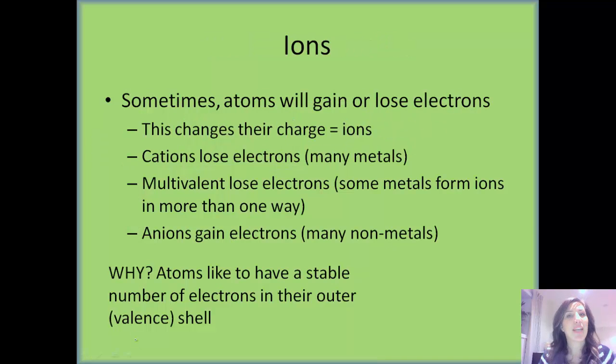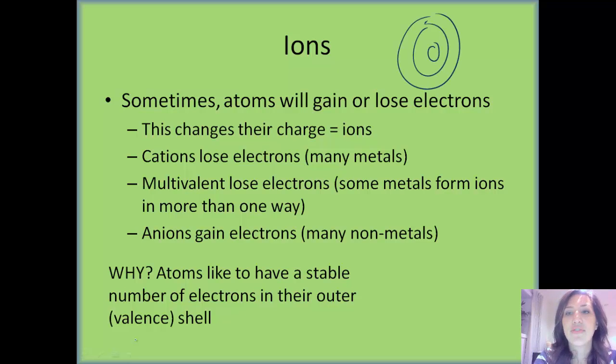So sometimes an atom, we remember, has all of the electrons around it in its shell. So here, these little dots are the electrons around this atom's shell. And sometimes an atom will lose one of those electrons, or sometimes it will gain one of those electrons.